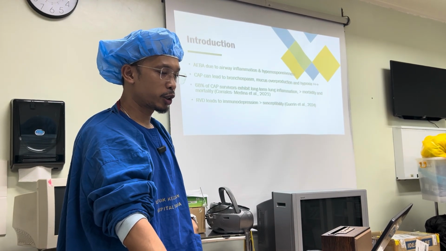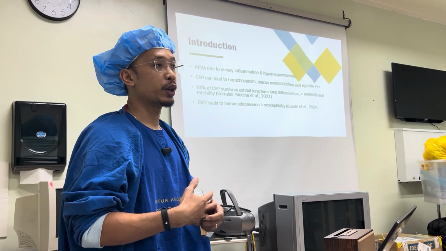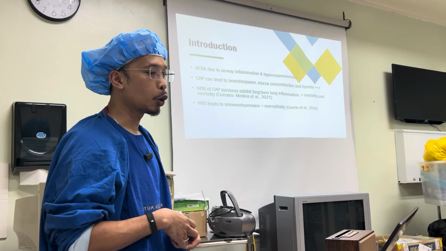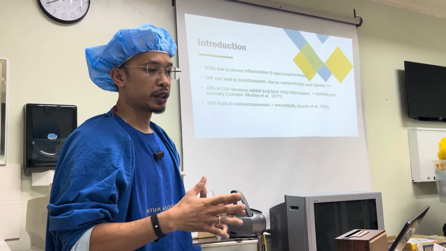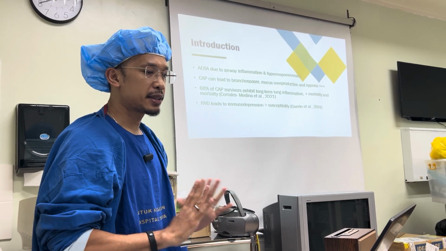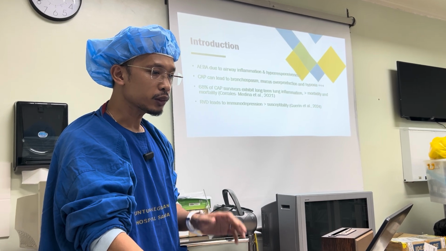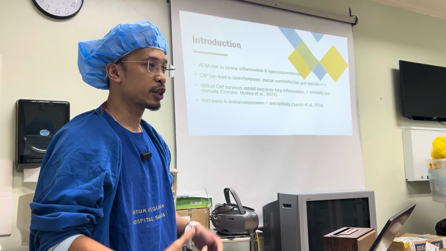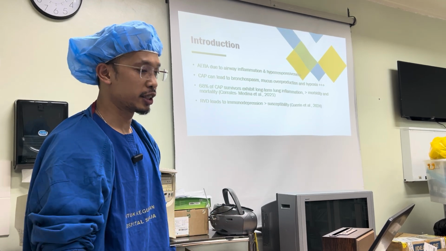For the introduction, as we know, an asthma flare-up happens when the airway gets inflamed and overreacts. Things can get a lot worse when community-acquired pneumonia steps in. It can trigger a massive immune response, causing bronchospasm, tons of mucus, and a serious drop in oxygen level, which is obviously not a great condition.